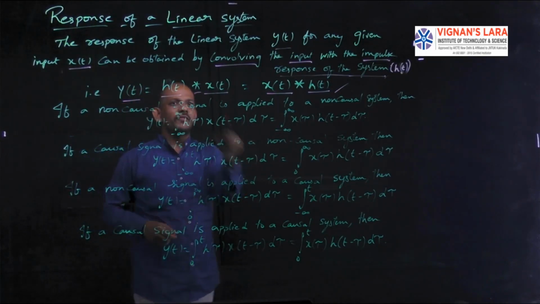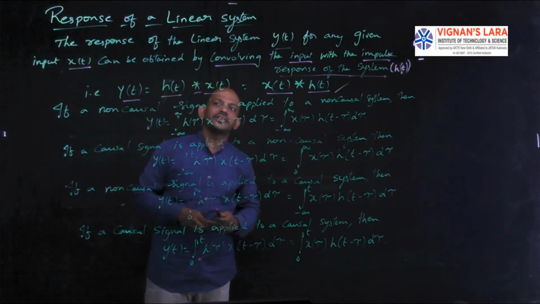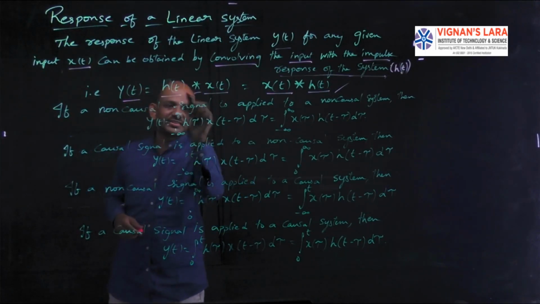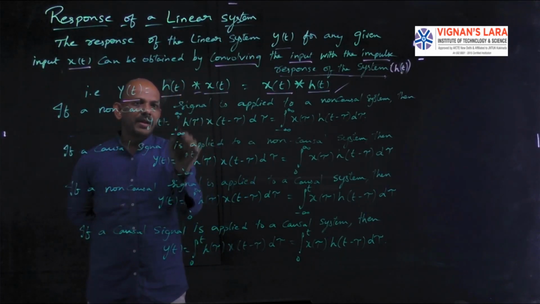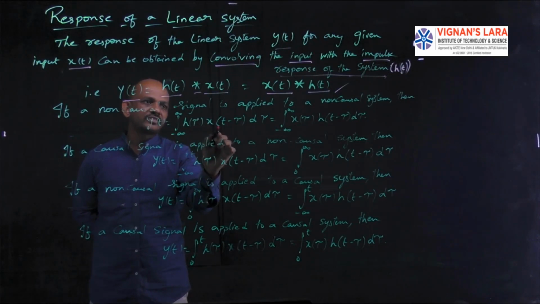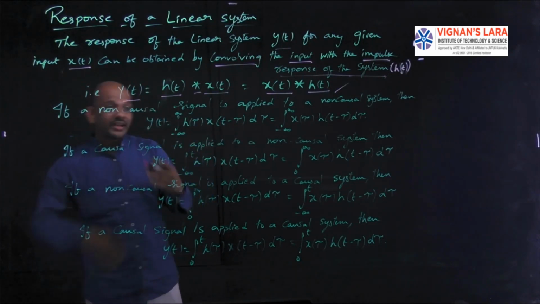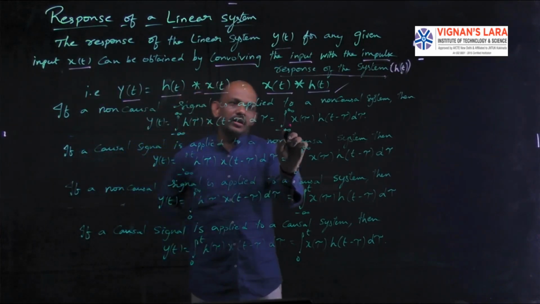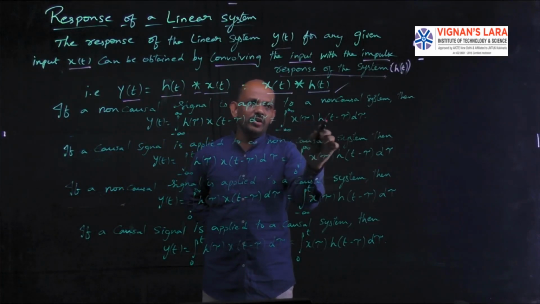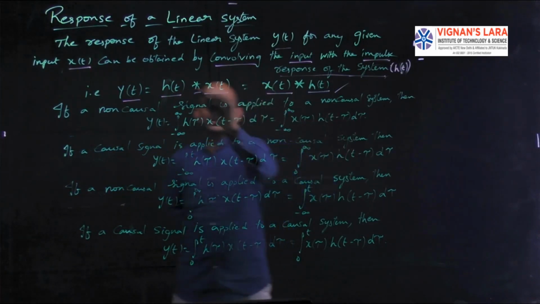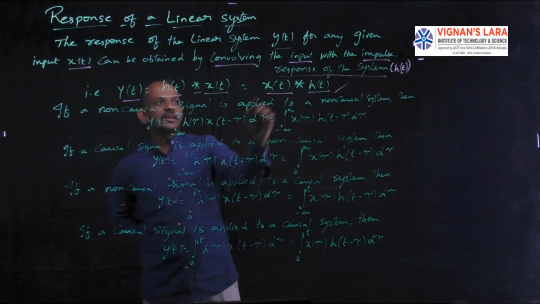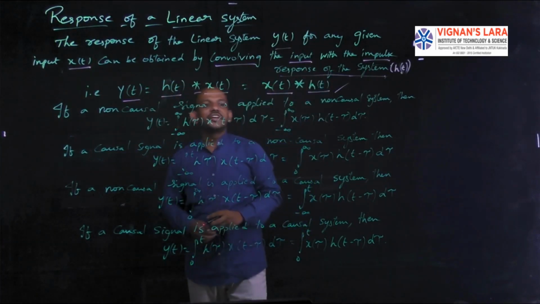So this is the formula for convolution of h of t convolution x of t. For this, the formula is integral minus infinity to infinity h of tau x of t minus tau d tau. Or you can write it like this also: integral minus infinity to infinity x of tau h of t minus tau d tau. Why? Because h of t convolution x of t will be equal to x of t convolution h of t.